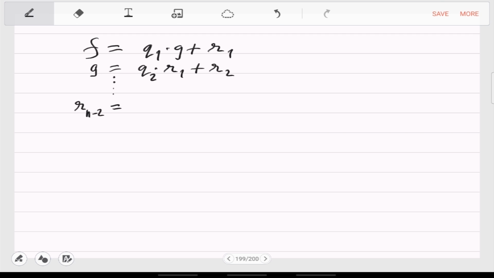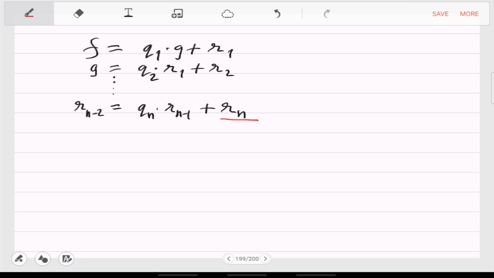So this is the second quotient, and then you get a quotient q_n times R_{n-1} plus R_n. This is happening how many times? n times, right? So what can you say in the end? What is this R_n?